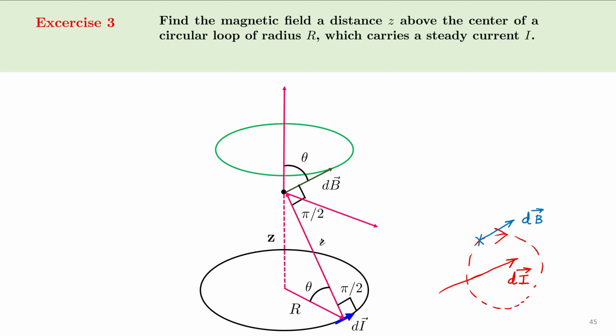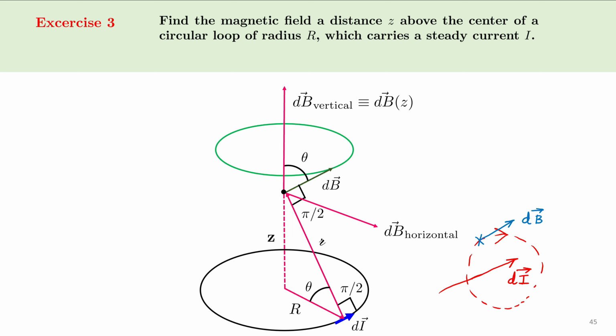Now, what we'll do is that we'll resolve dB into a horizontal and a vertical component. The horizontal component is represented by dB horizontal and the vertical component is represented by dB vertical. Now every horizontal component gets cancelled because for every horizontal component there is an opposite component, and then these two vectorially add to get cancelled.